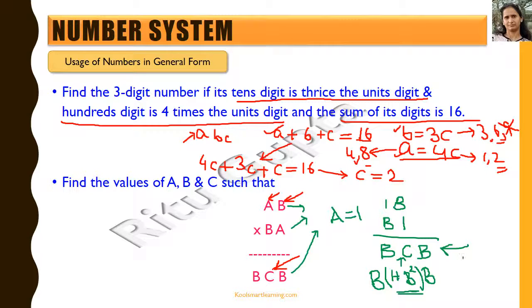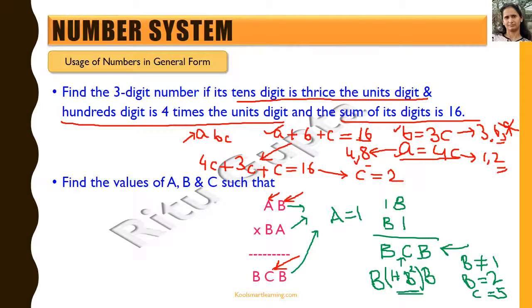Now B is definitely not 1 because we are saying B is not equal to A. Because they are represented by two distinct letters, they cannot be equal, so B cannot be 1. Now let's take B equal to 2 and we get 1 plus B square, which is C, equal to 5.